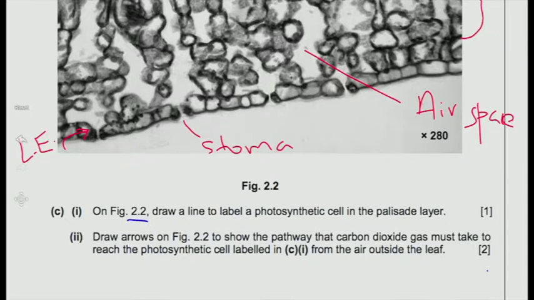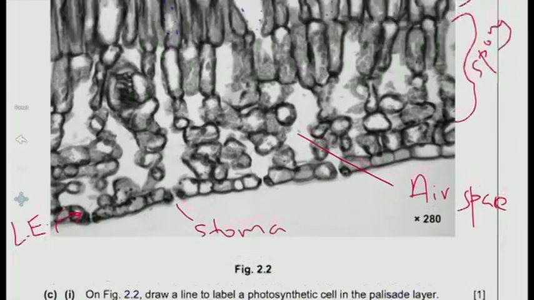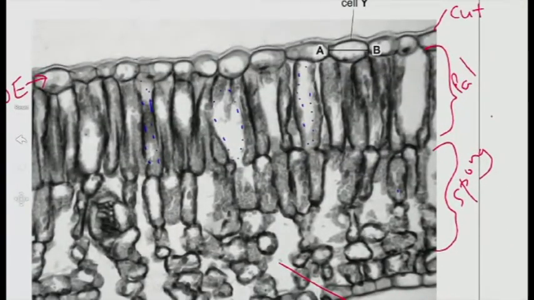On figure 2.2, draw a line to label a photosynthetic cell in the palisade layer. Wow, we've already covered that. We said that's the palisade layer. Draw a line to show the photosynthetic area. So that's where we place the chlorophyll.